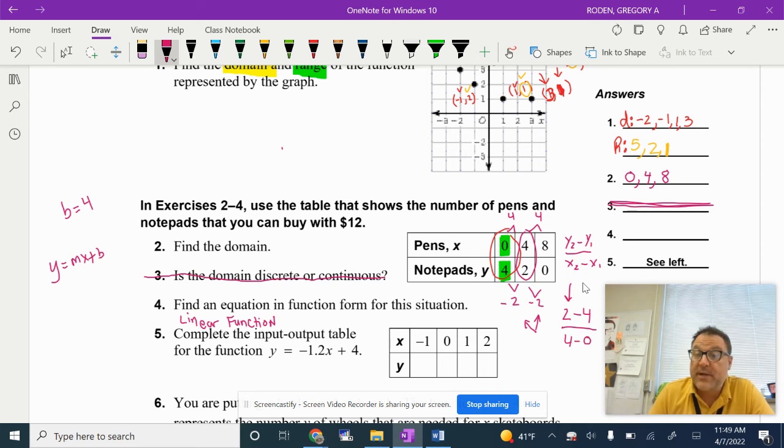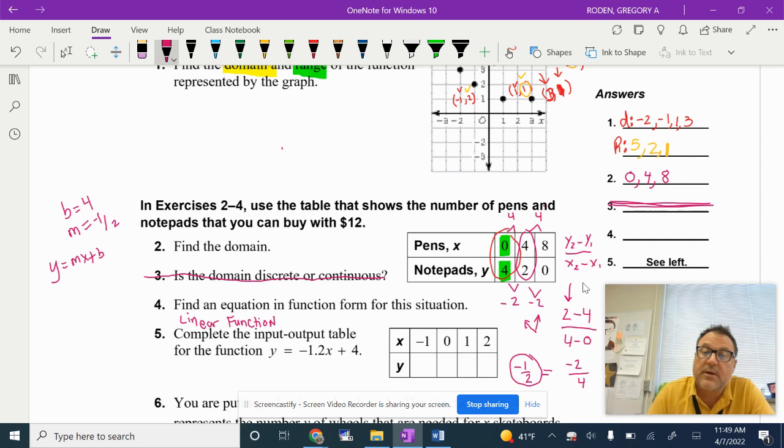Well, 2 minus 4 is -2, and 4 minus 0 is 4. And -2 over 4 reduces to -1/2. So that's my slope. My m equals -1/2.